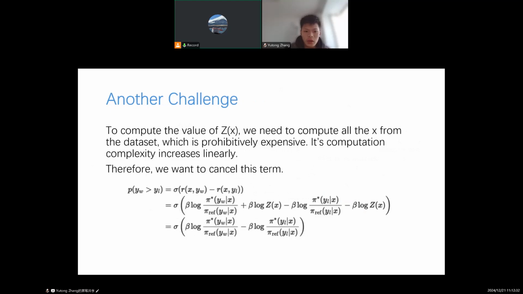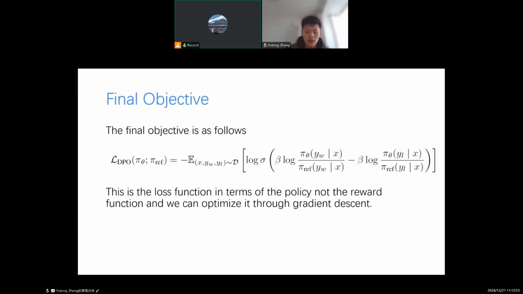However, if we want to compute the value of Z(x), we have to compute over all the x from the dataset, which is prohibitively expensive, and its computational complexity increases linearly. So we want to cancel this term here, and then we can get the final objective here.